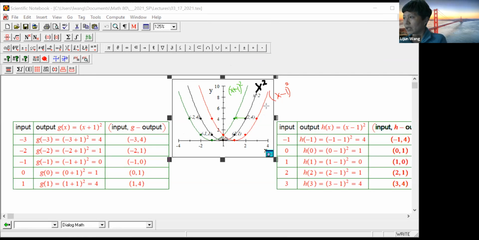Otherwise, if it's x minus 1, it's shifted to the right. And the shifting is horizontal, horizontally shifting left or right.